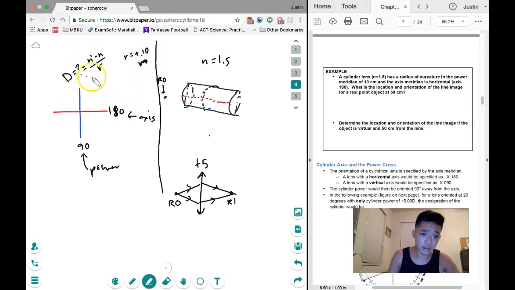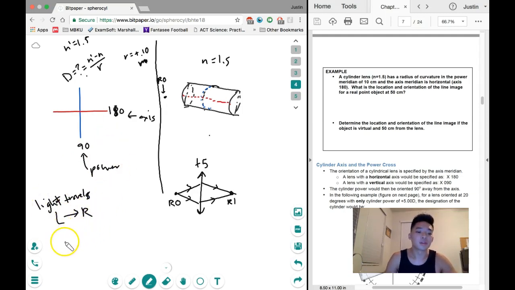So when you do the math, n prime is 1.5. I know it says n here, but n prime is the index of the lens, because we assume light is going from air to lens, traveling from left to right.